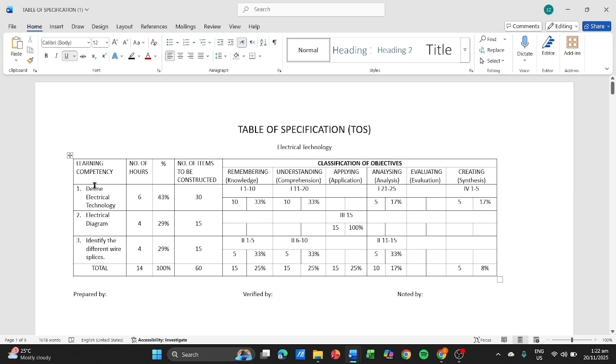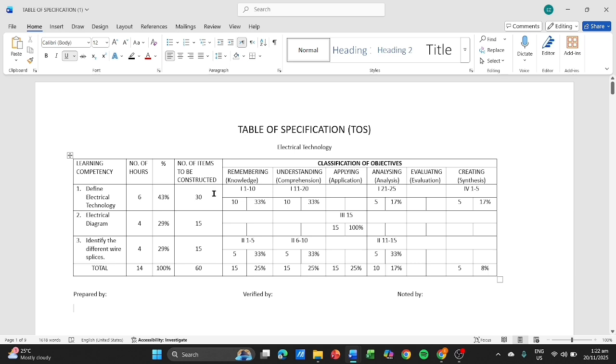So for instance, in this format, I want the first LC to be 30 items. So I put 30, and the second is 15 and another 15. So I have a total of 60 items. So is it understood?